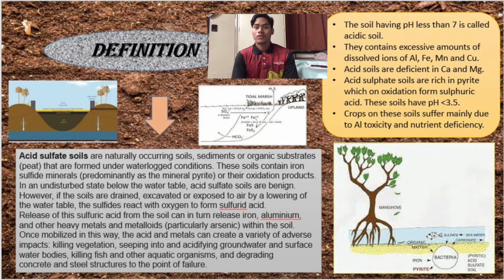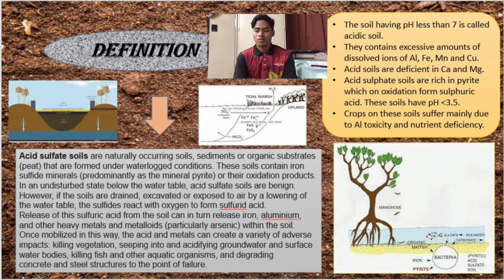The soil having pH less than 7 is called an acidic soil. The content of the acid soil is an excessive amount of dissolved iron, aluminium, manganese, and Cu. Acid soils are deficient in calcium and magnesium.